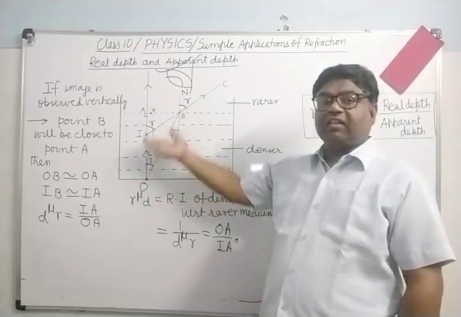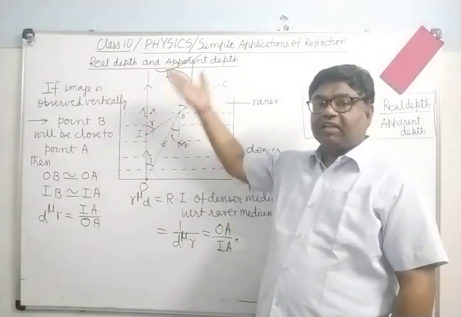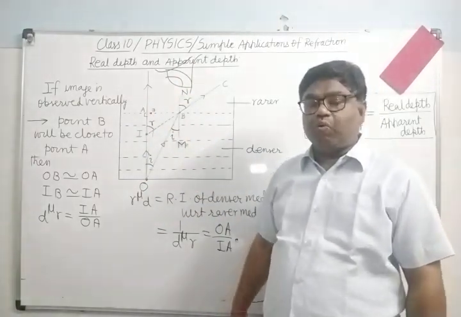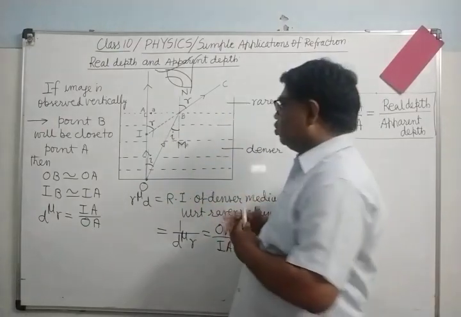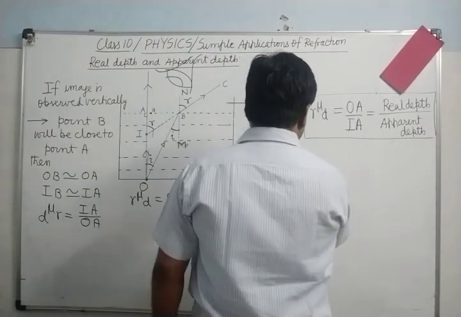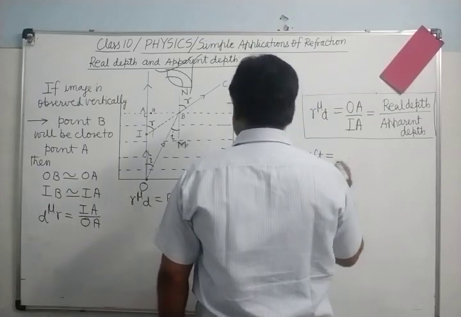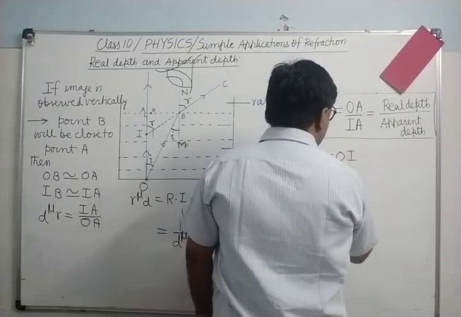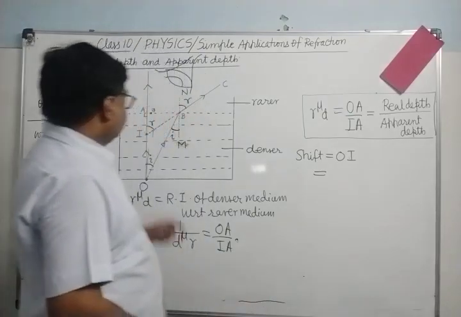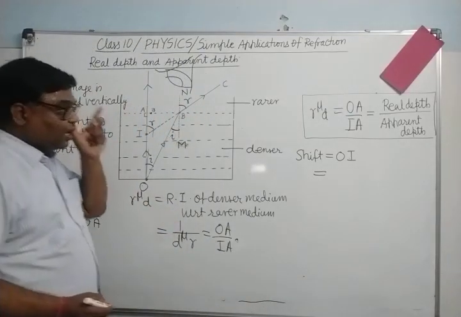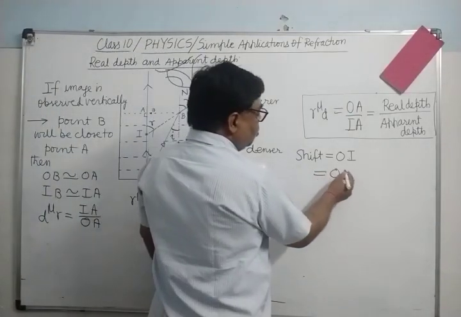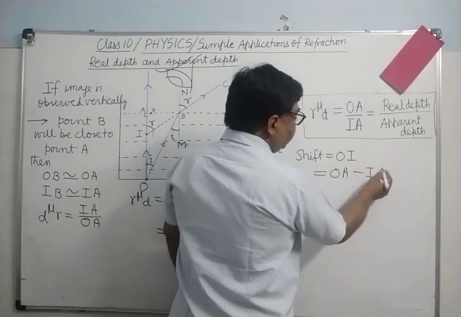So the shift, how much the image of the object has risen, is equal to OI. OI you can write as OA minus IA.